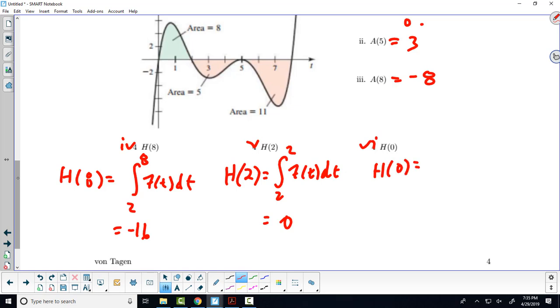Folks, I want to work through this one. H of 0, the integral from 2 to 0 of f of t dt. You are welcome to rationalize your way through that however you wish. I'd like to use one of the properties that we gave last time, though. I'm not used to my limits of integration going this way. I'm used to reading them from left to right as well as up to down, right?